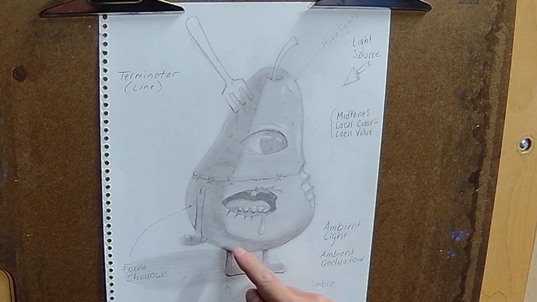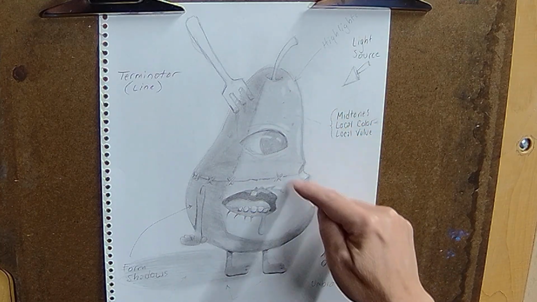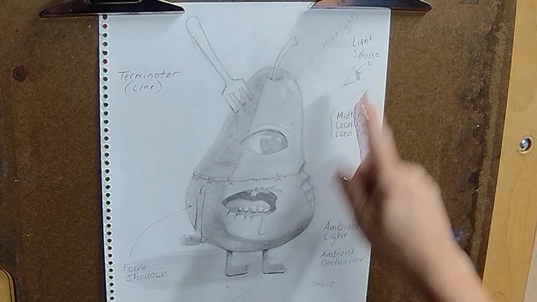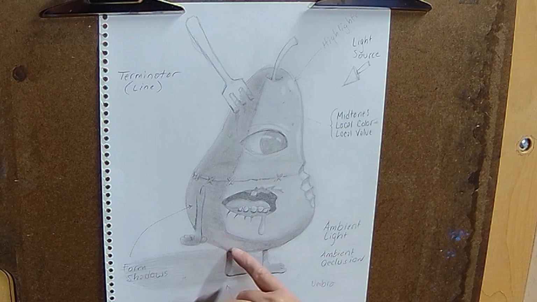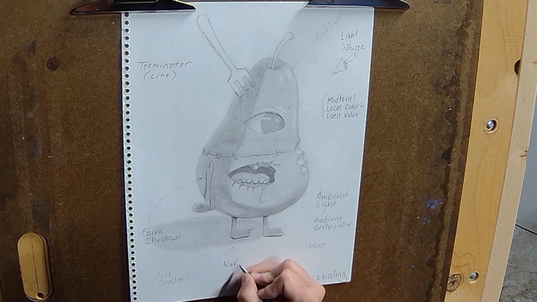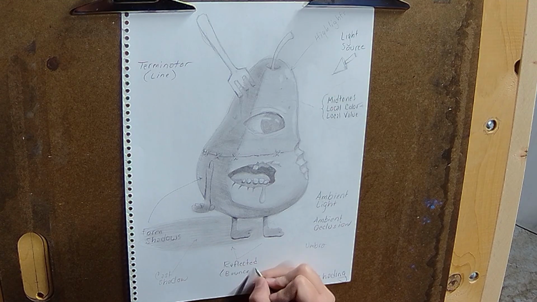So it's never going to be as light as this local value area, the midtone. And it's certainly not going to be as light as the highlight, but it is slightly larger, slightly lighter than the form shadow around it. So that is the reflected, or sometimes called bounce light.